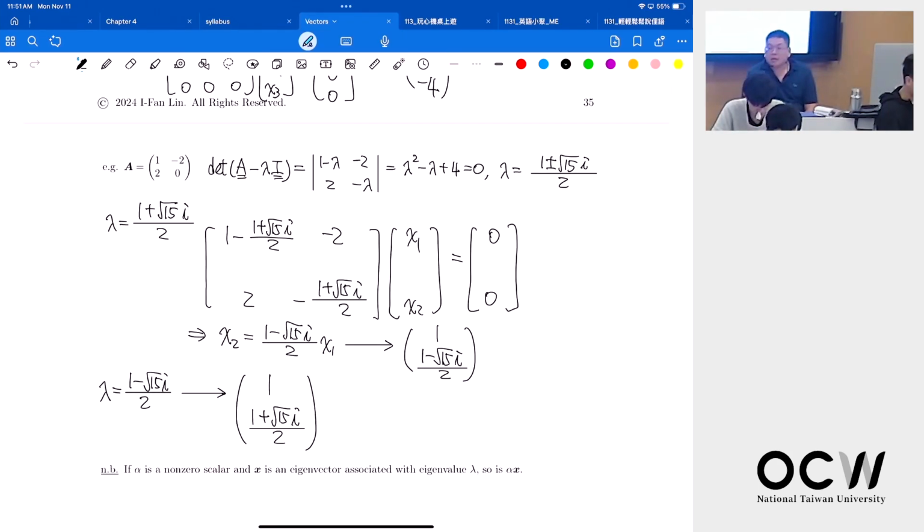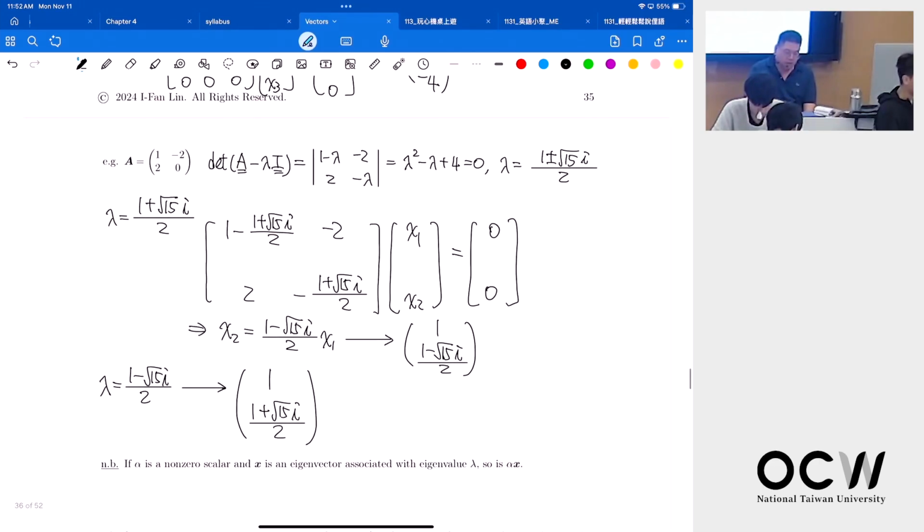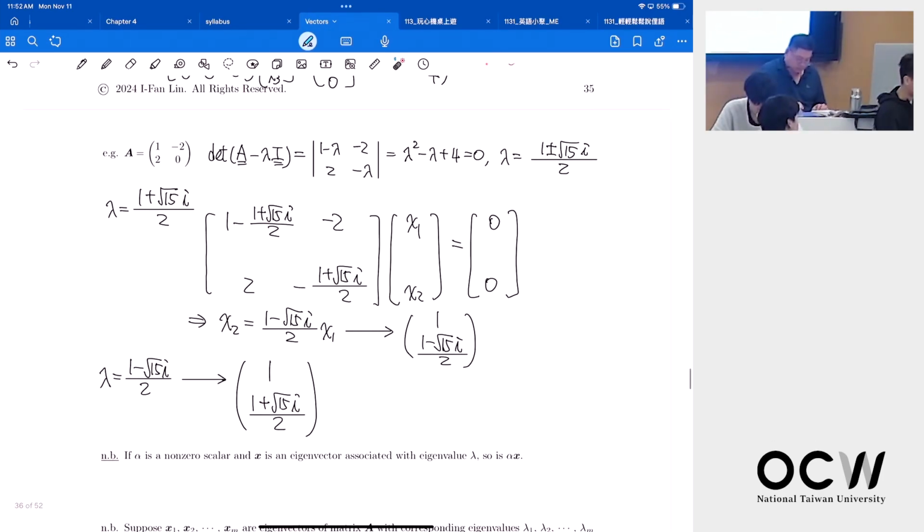Right, so for those three examples, you can see that your eigenvalues could be just real numbers or repeated roots, and even complex numbers. And as long as you have eigenvalues, then you should find the corresponding eigenvector. Here's a note.